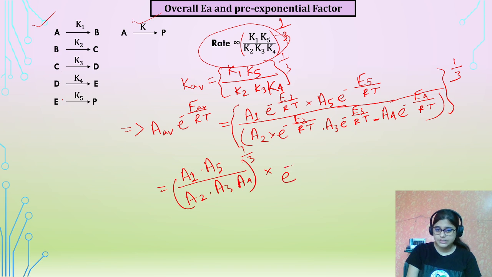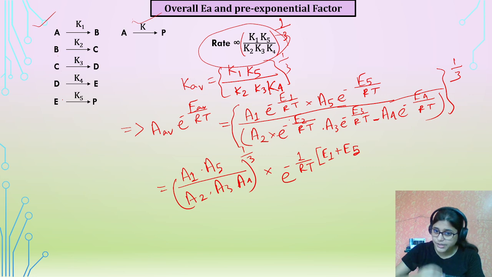So let's simplify that. I have taken 1 by RT common, and the minus also. E1 was there. Here also a minus sign was there, so it will be plus E5. Here the minus sign is there, but it is below, so if you take it upside, e to the power minus E2 will be positive.